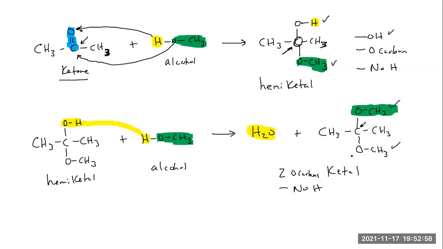So addition of one alcohol to a ketone gets you a hemiketal, which has an OH group, an oxygen carbon group that comes from the alcohol, and does not have a hydrogen. If you add two alcohols, it takes you all the way down to a ketal, with two oxygen carbon groups and no hydrogen attached there. Any questions on these reactions here?